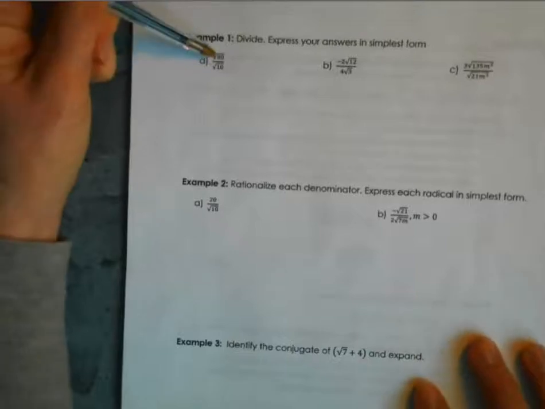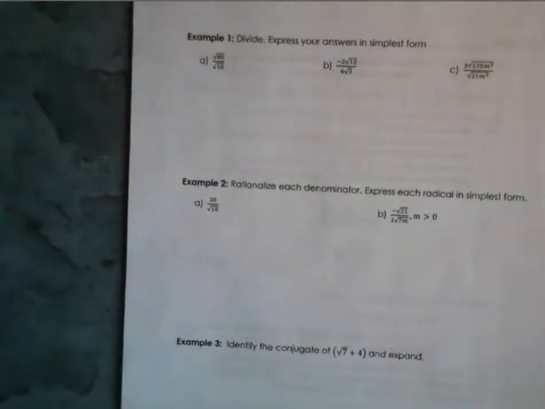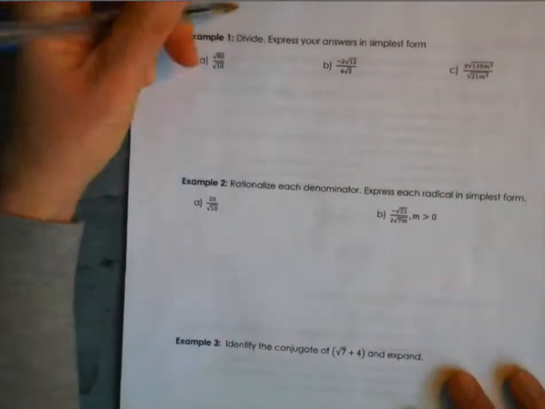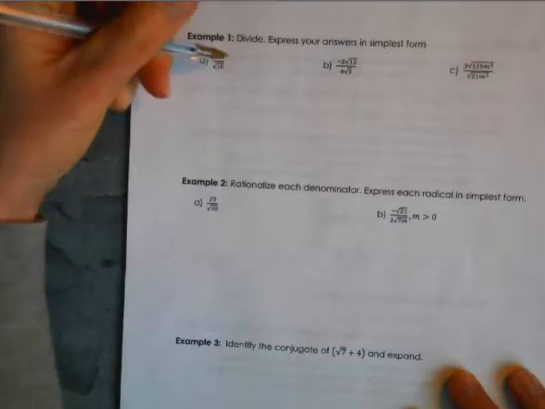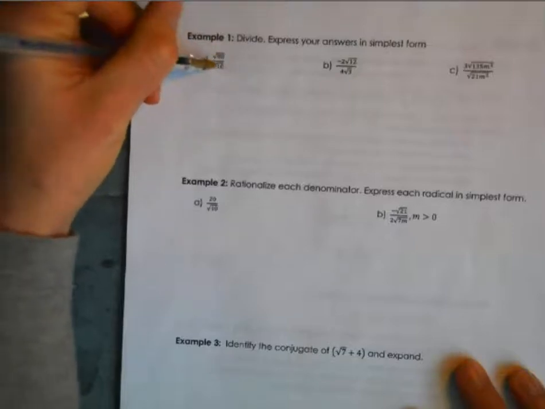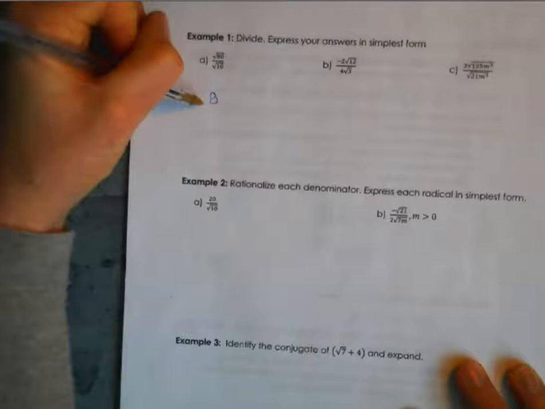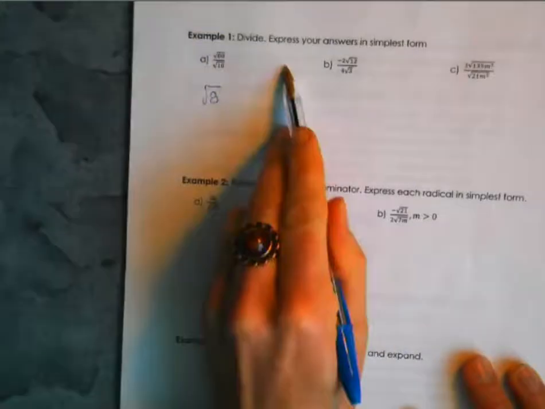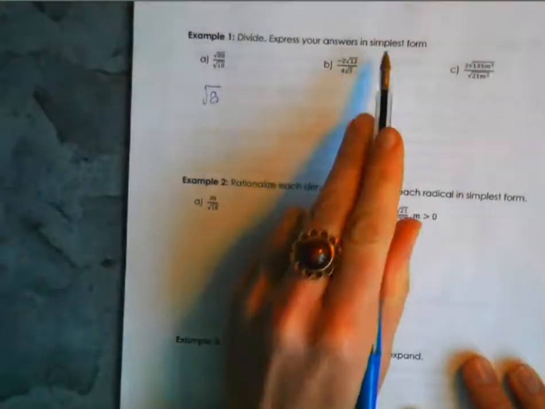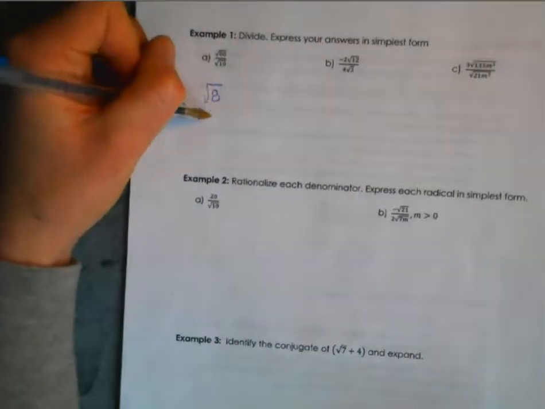So in the first one, we have root 80 divided by root 10. So all you need to do with this one is think about how these numbers would divide, just the way you normally would. So 80 divided by 10 would be 8, and they have the same index, so we can just divide them like that. Now, it's asking us to express our answers in simplest form, so we just want to break this down as much as possible.